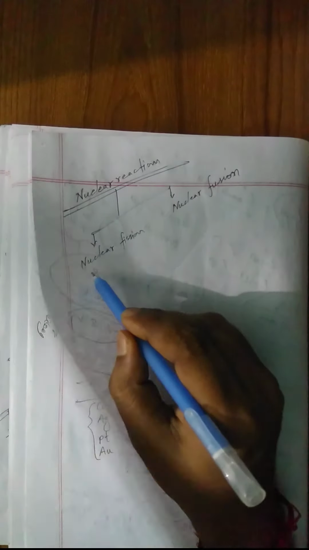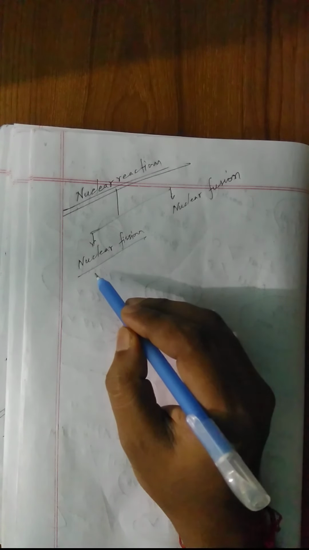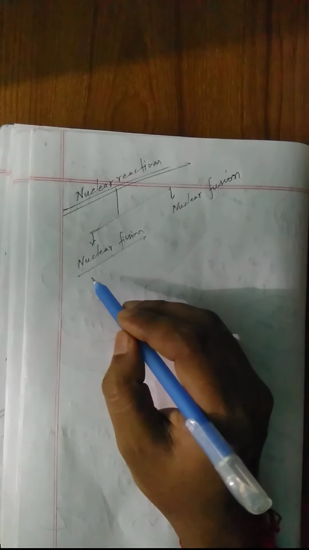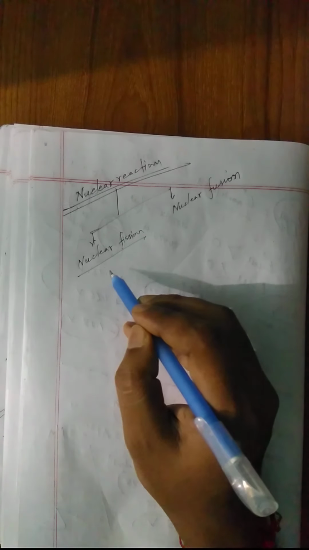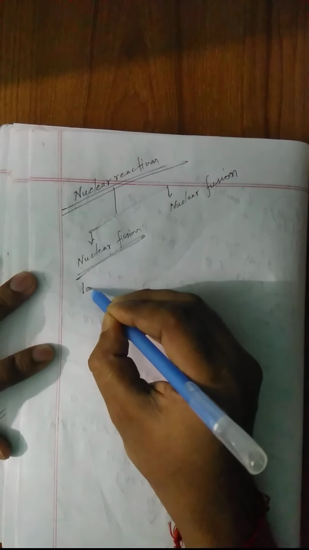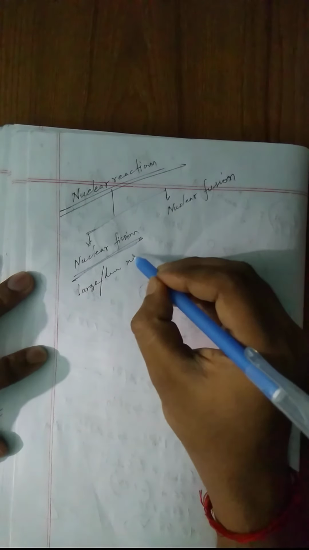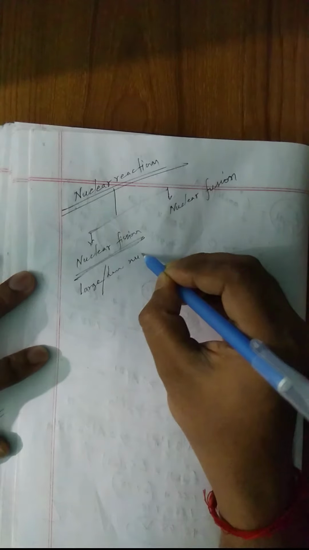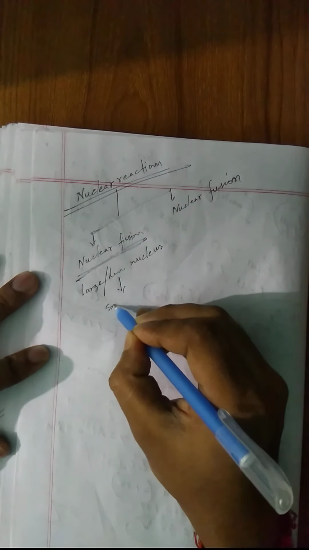So first, what is nuclear fission? The nuclear reaction in which the nucleus of a large and heavy element is broken into a smaller one. That means in this type of reaction, a large or heavy nucleus is broken into a smaller one.